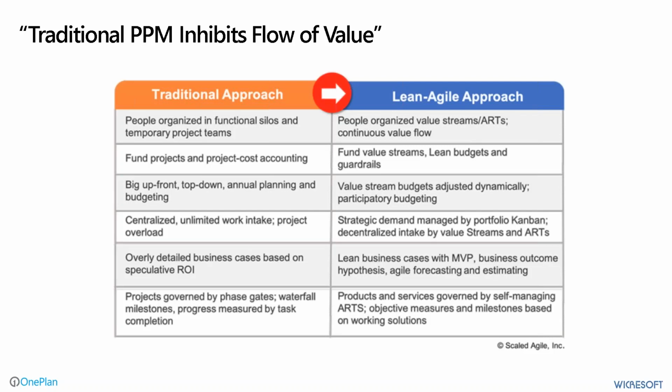We're going to use different techniques with lean portfolio management, a lean business case with an MVP, and rather than a detailed, long, traditional business case with ROI, we want to focus on leading indicators rather than lagging indicators in order to determine the value that we're receiving from delivering the epic.